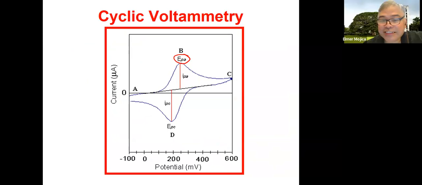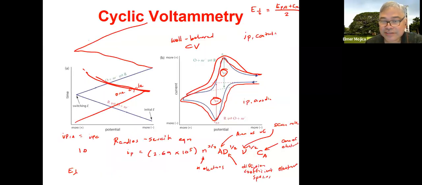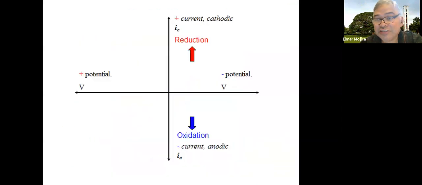Yung A yung nasa taas, tapos yung cathode yung nasa baba. Because if you flip them like this one, it's just the same. It's just that it started on this going to this one. Now the previous one that I have here started on this going to this one. Parang clinip mo lang siya. Usually the European and the American conventions are always opposite. So that's why you have to understand how it is.